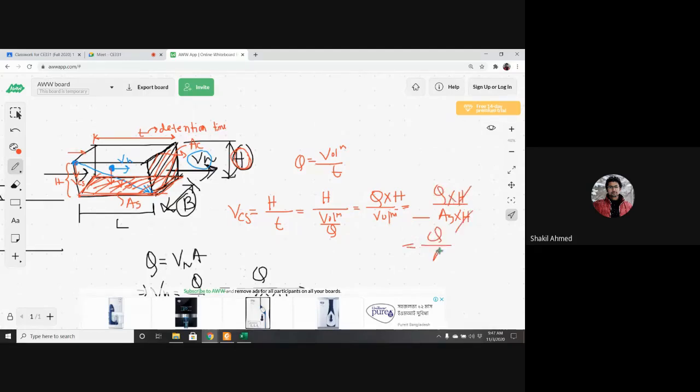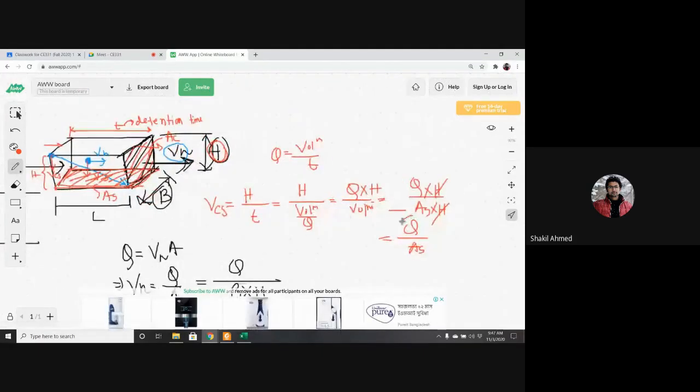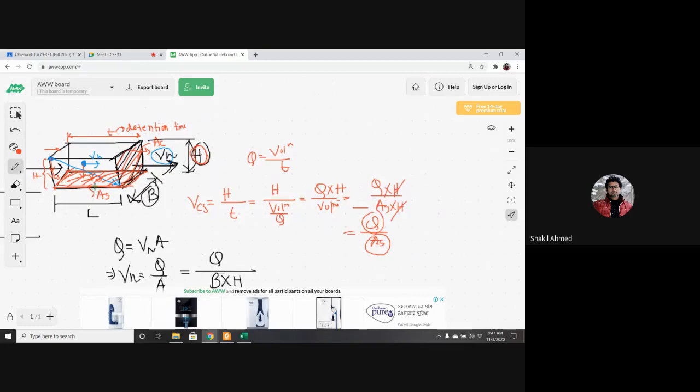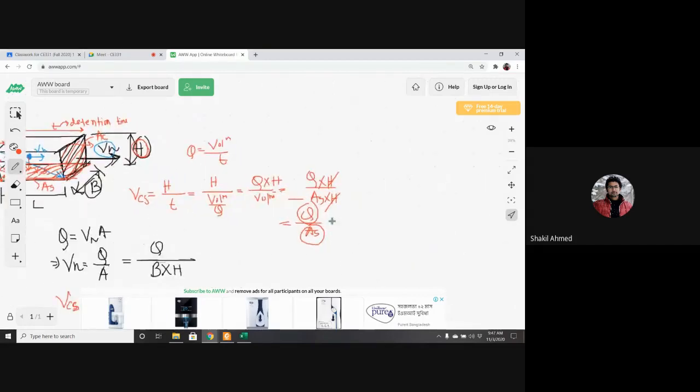What do we get? Q over S, discharge divided by surface area. That's why this is called the surface overflow rate.